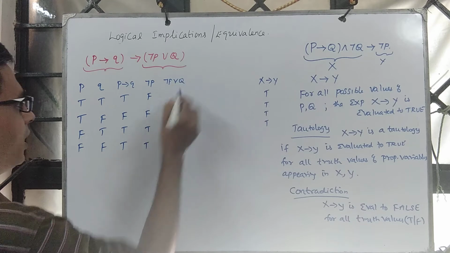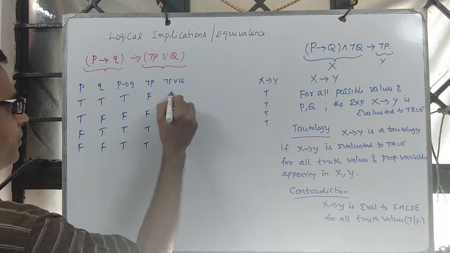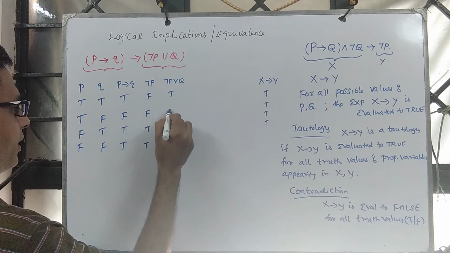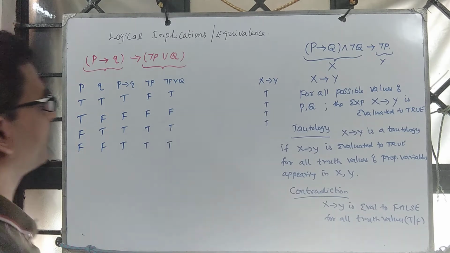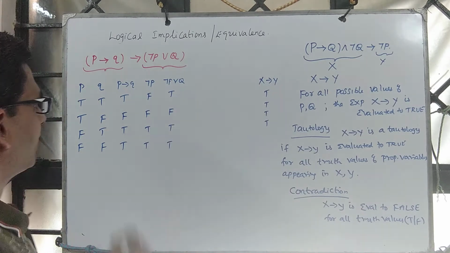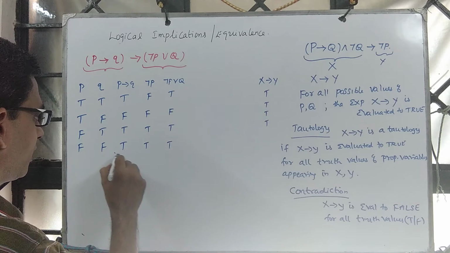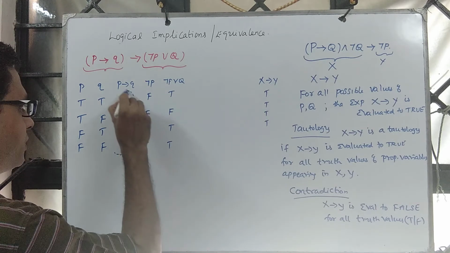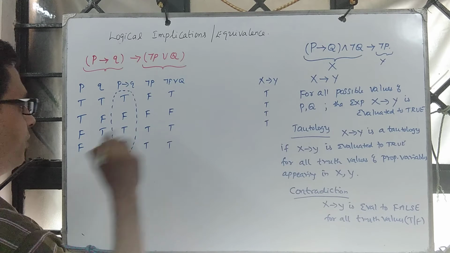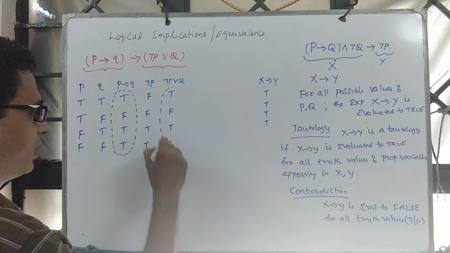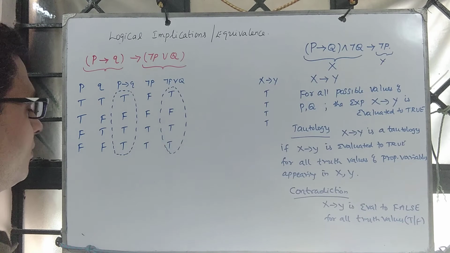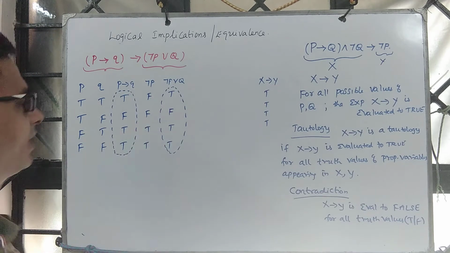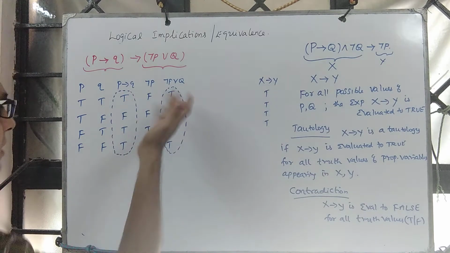Negation P or Q, if one of them is true, then it is true. Now you can see that the values over here and here are precisely the same. The column is identical, which means this implies this.